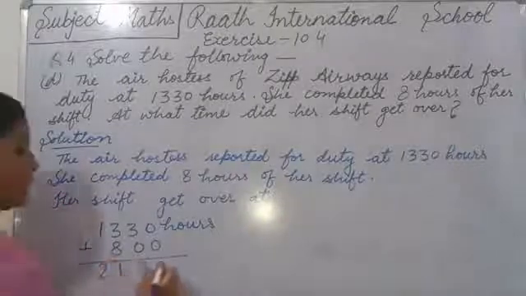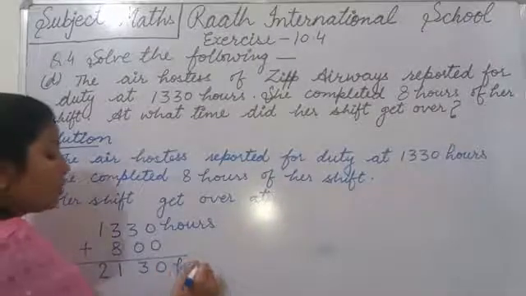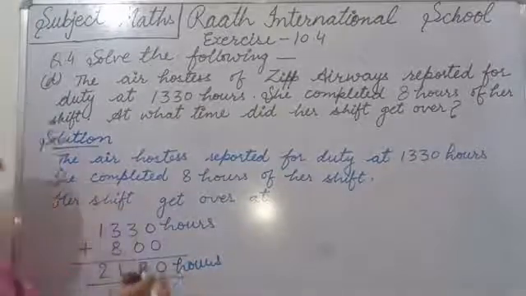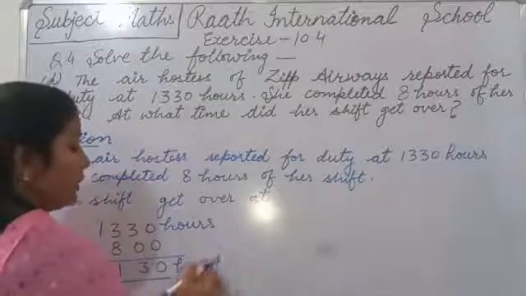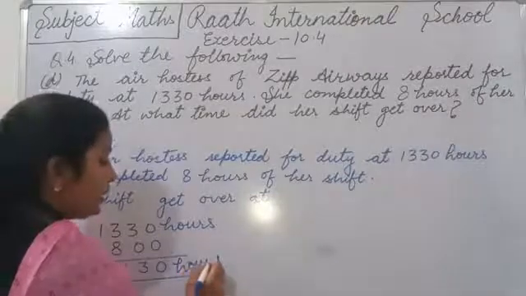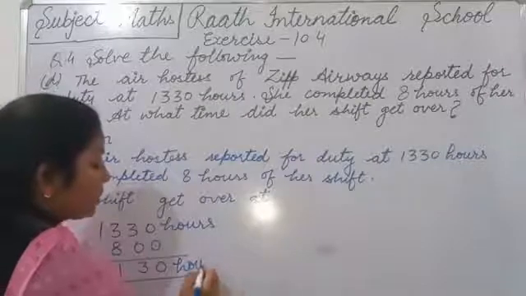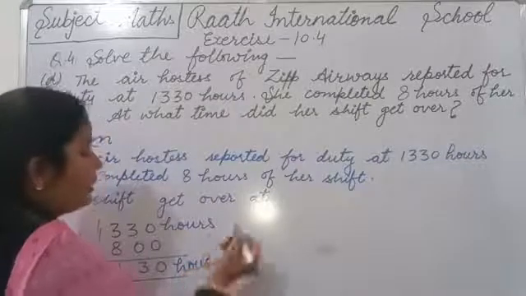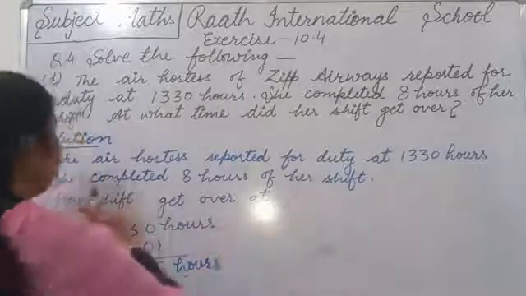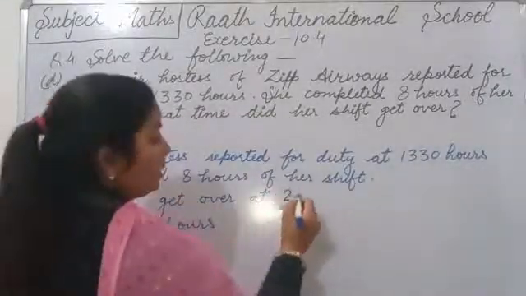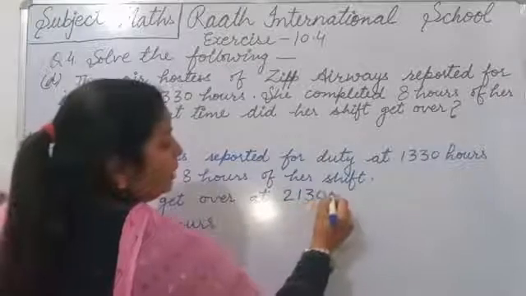So 21:30 hours. फिर उसकी जो शिफ्ट है वो कंप्लीट हो जाएगी. 21:30 hours. So we write here 21:30 hours. Okay. So here we will write her shift get over at 21:30 hours.